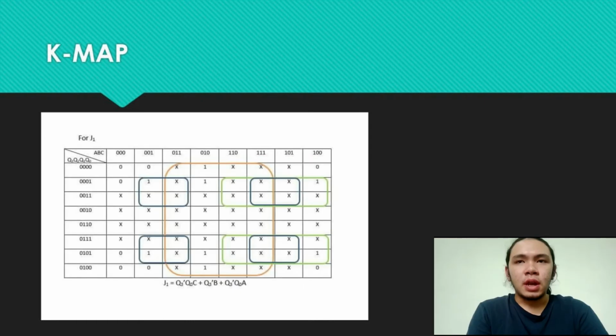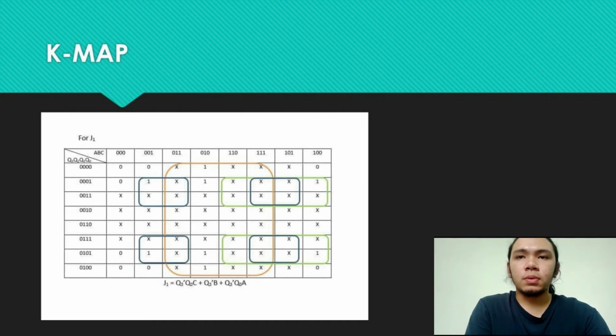Thank you. Next, I will explain K-map J1. The table in this K-map is filled based on the data we got from the previous truth table. Then the circles in this picture are determined by using a generator. For this J1 K-map, there are three colors representing three circles only.